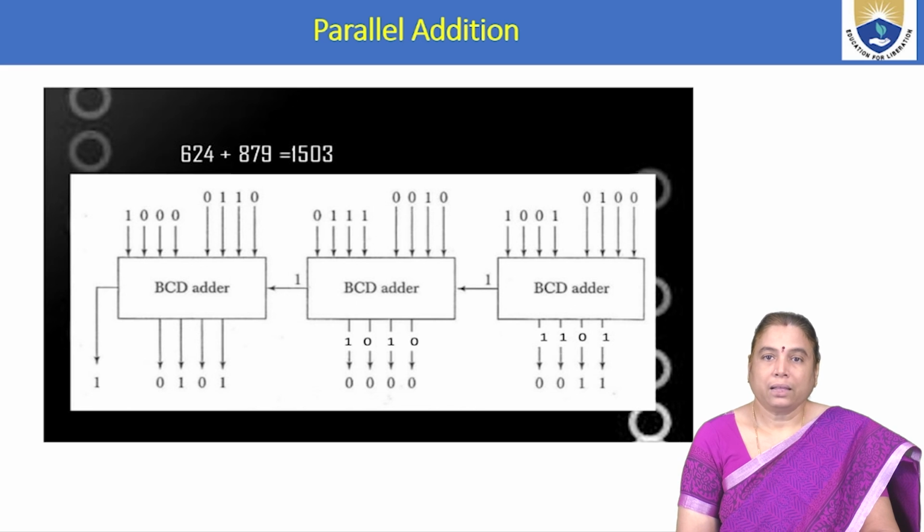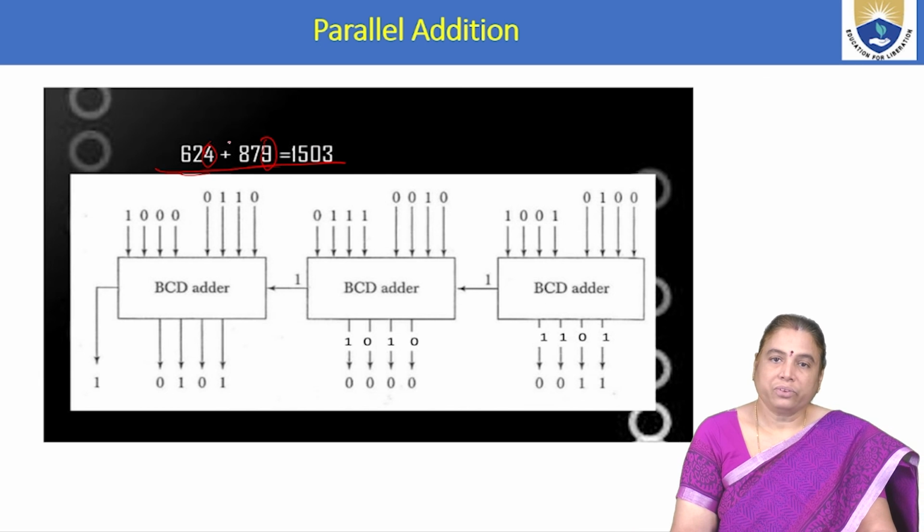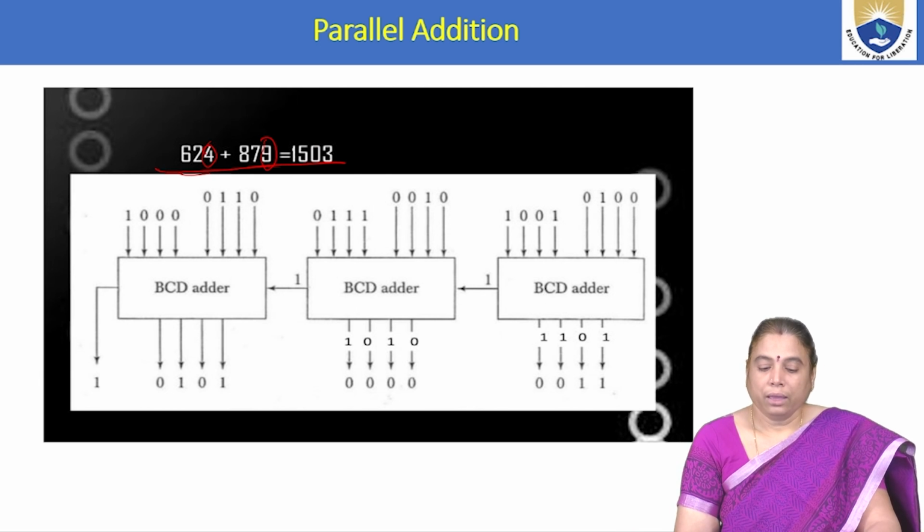Now, how can addition be performed in parallel with the decimal arithmetic unit? Consider an example, 624 plus 879. The units digits are 4 and 9. In parallel, these digits have to be added.